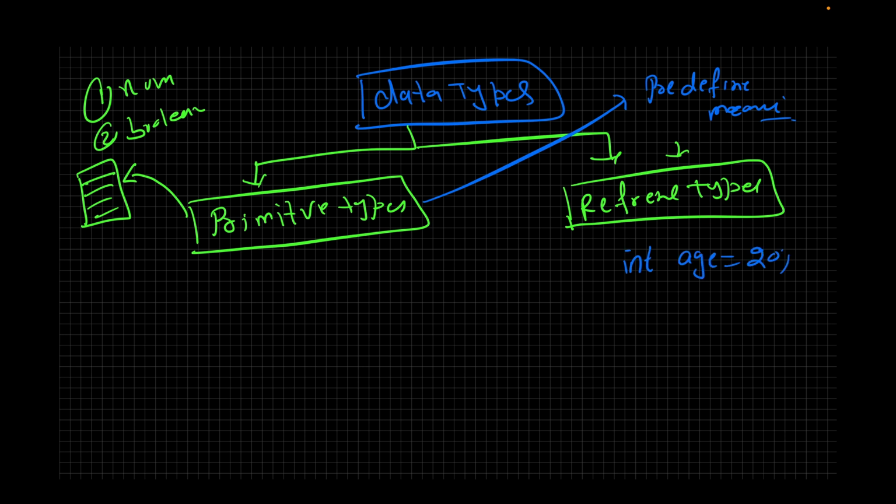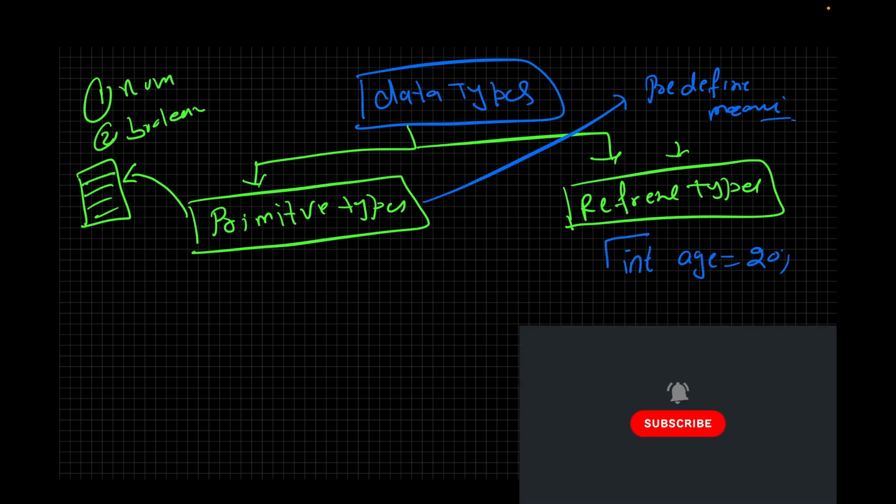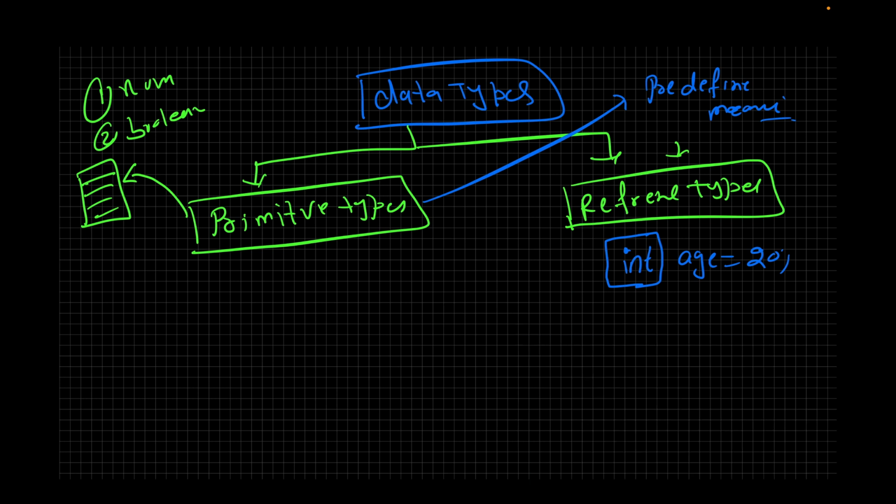Now when we say predefined, it means number one, the name of this data type is predefined. You can only use int, you cannot use something else, because Java or the underlying JVM understands int as an integer. That is why we call it predefined, because the meanings and definitions are already built into Java.